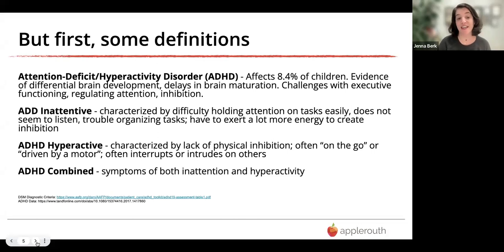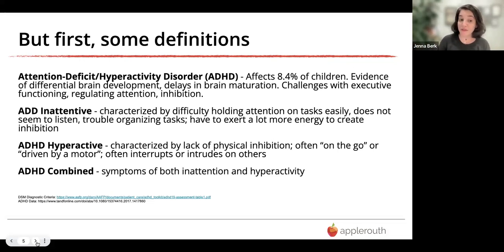There's ADD inattentive, which is characterized by difficulty holding attention on tasks easily. So this might be someone who seems like they're daydreaming all the time or doesn't seem to listen to you, has difficulty organizing their tasks, and they have to exert a lot of energy just to stop themselves from kind of floating off into their own thoughts.